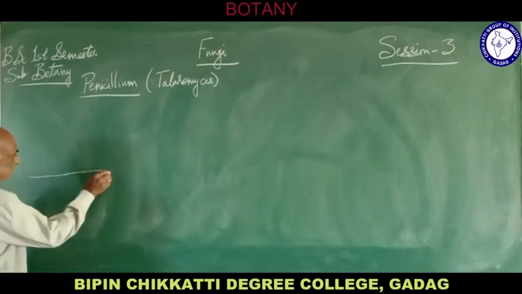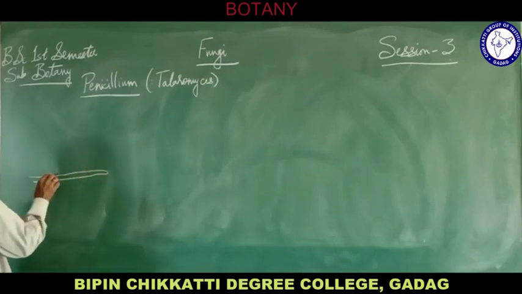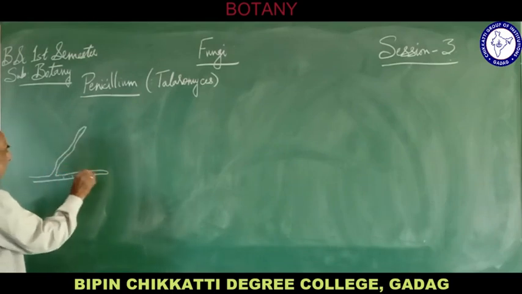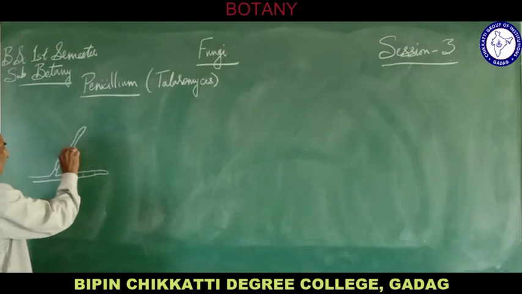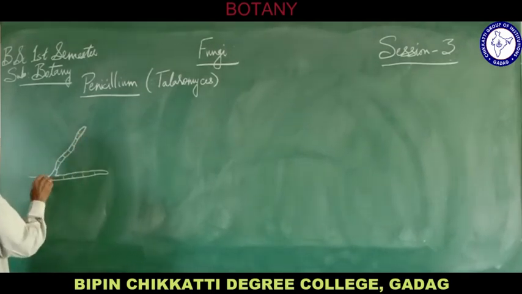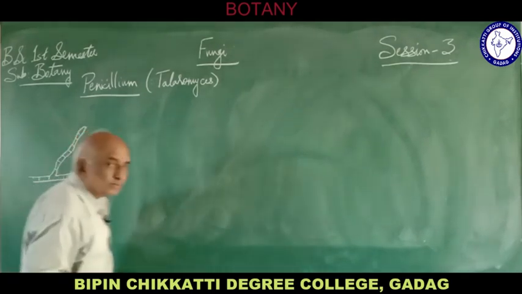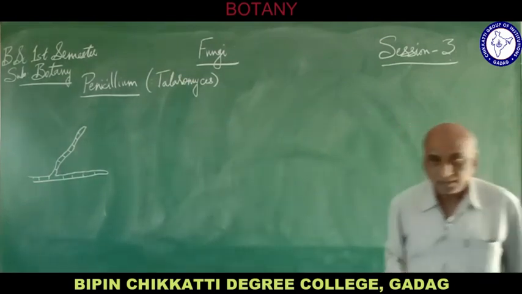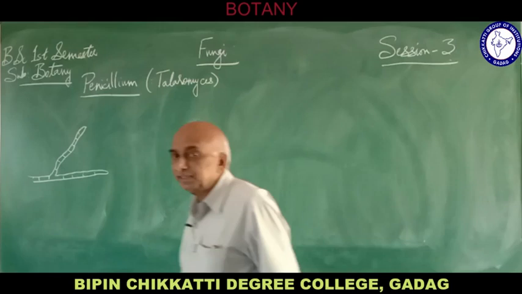Suppose this is the hyphae, so this is branched. Whereas in Rhizopus we find aseptate hyphae, there are no septa, and the nuclei are freely distributed. That is why it is called a coenocytic condition.